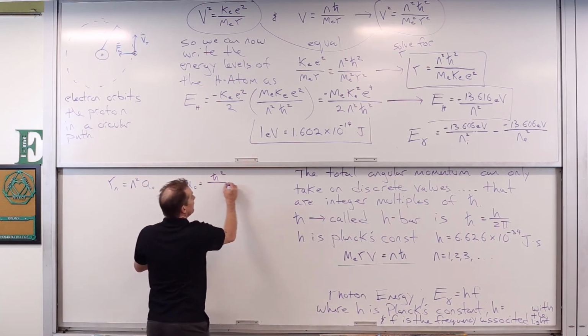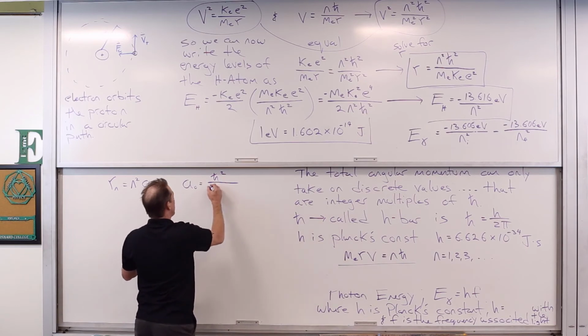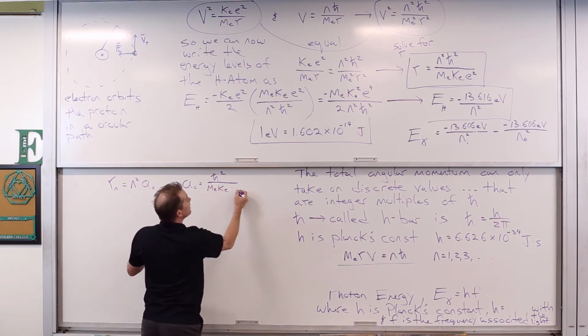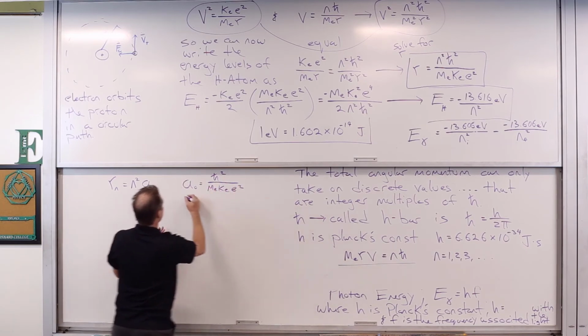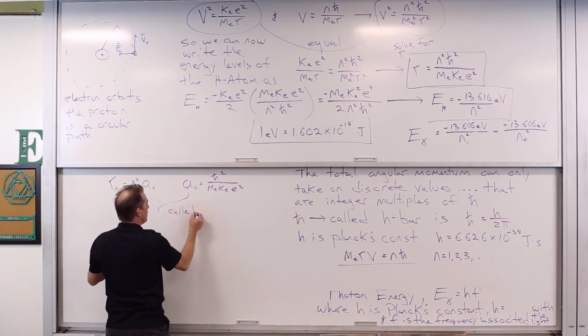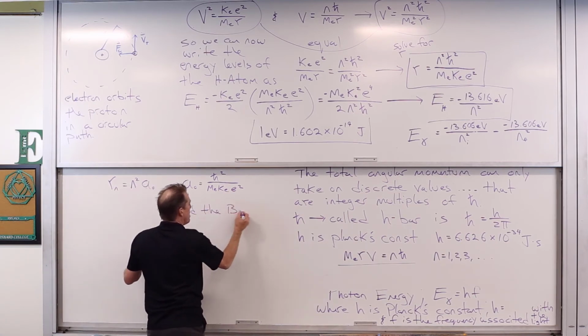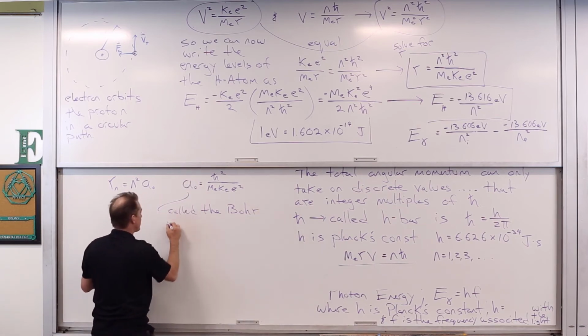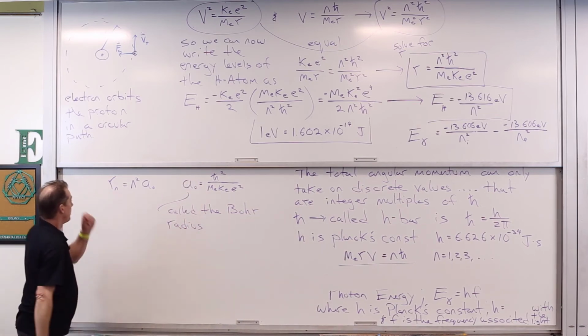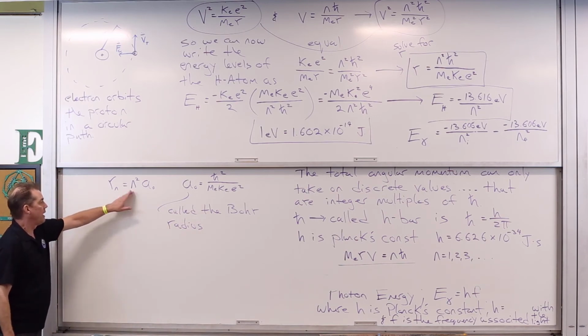h bar squared divided by m sub e, k sub e, e squared. This is called the Bohr radius, because ultimately it's gotten with an n equals 1 value.